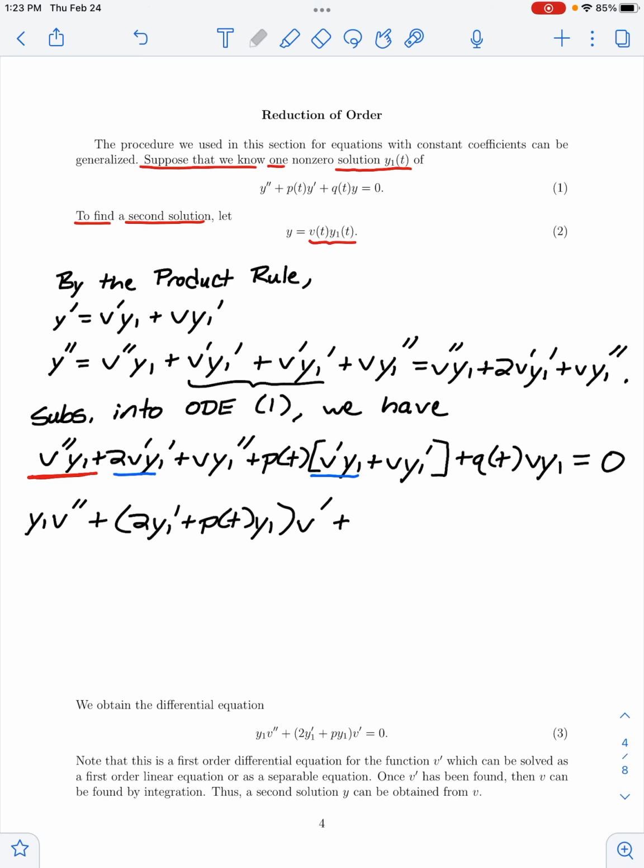And then I add to that, if I group all of the terms that involve just v, I have these three terms. So grouping them and factoring out v, I am left with y1 double prime plus p of t times y1 prime plus q of t y1, all times v, and I still need this to equal 0.